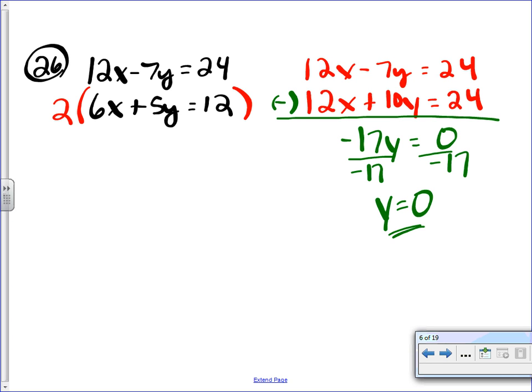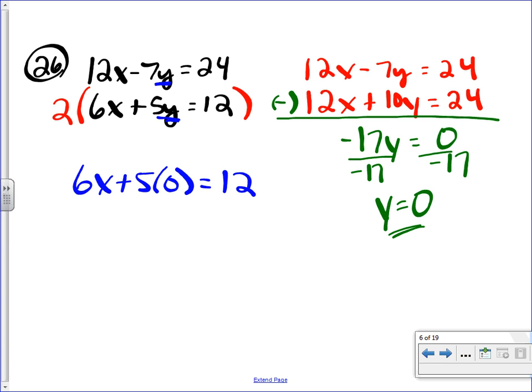So we're going to take that 0 we found, and we're either going to put it here or here for one of these y's. It really doesn't matter. I think I'll use that bottom one. So I'm going to take out the y and replace it with a 0. And let's see what we get here. 5 times 0 is 0. That's gone.